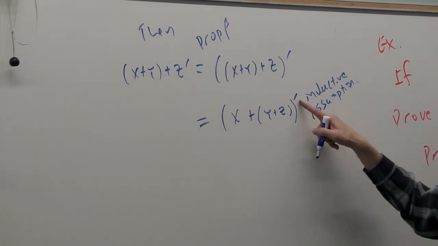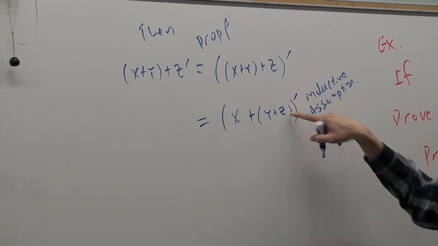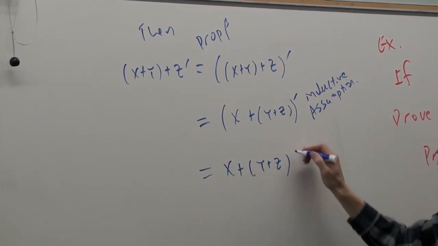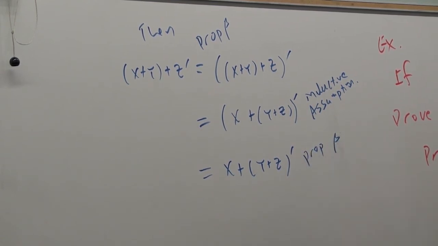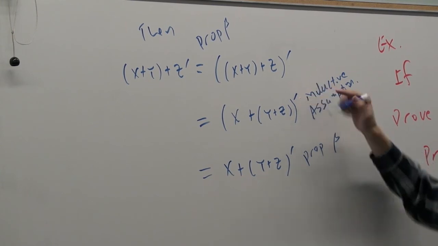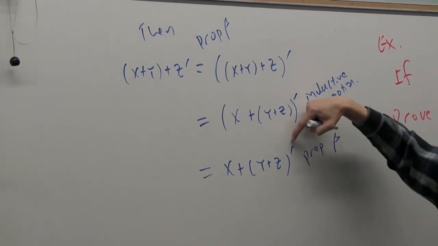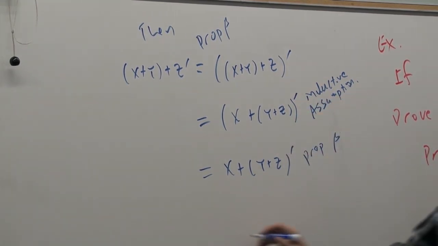And now we have a successor on the outside of the parentheses. We can bring it to this inner set of parentheses. This is true by property beta. It says you have a successor outside, you can bring it to that second term. And then we just apply property beta again that says take that successor and move it inside of those parentheses.